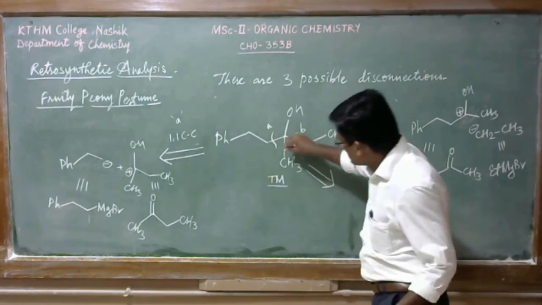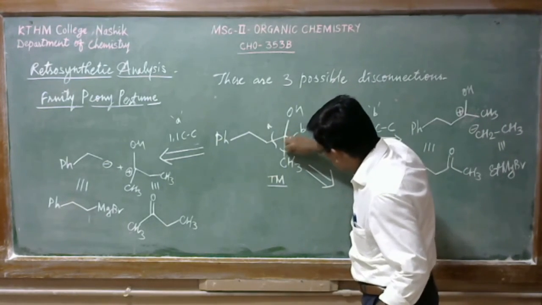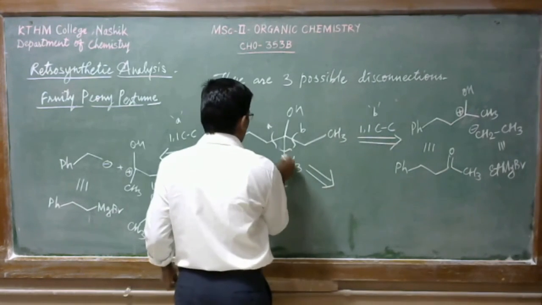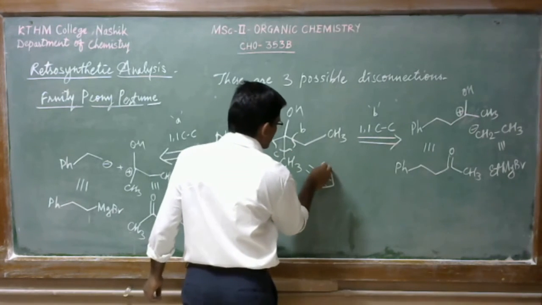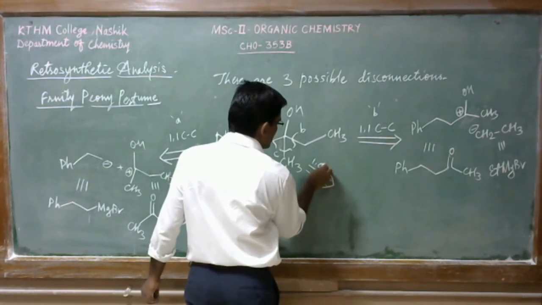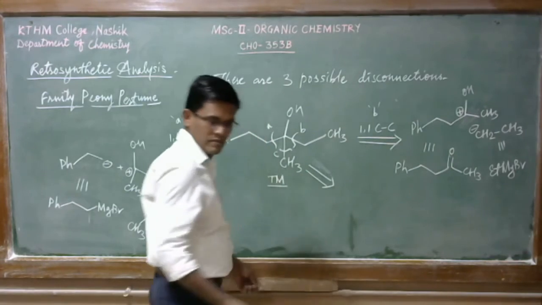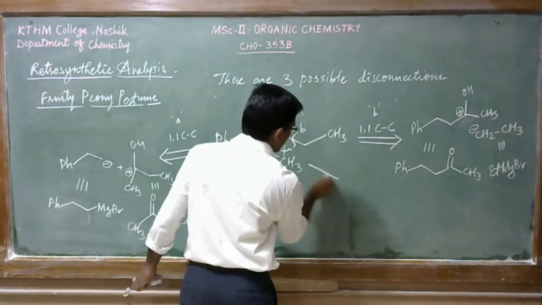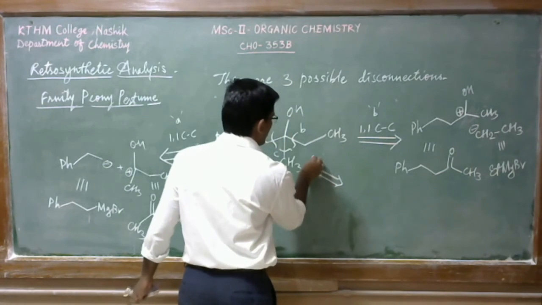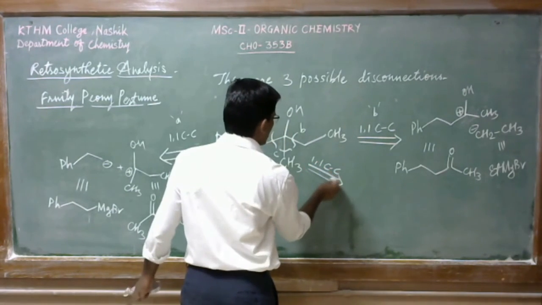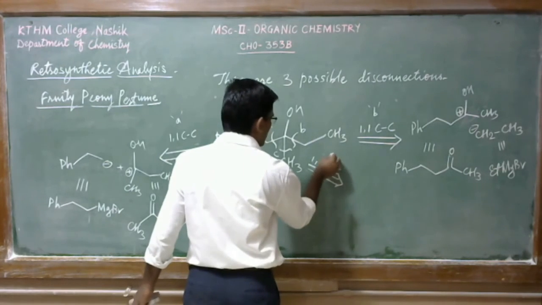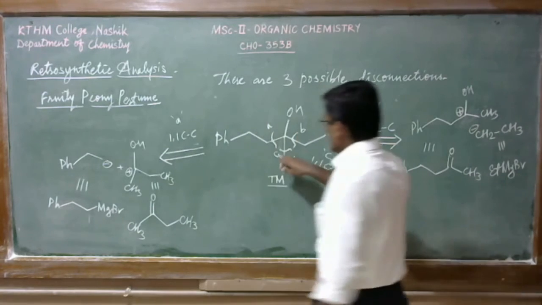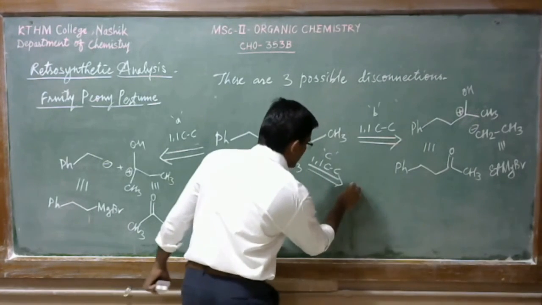So let us have now this final one, C disconnection. So let us put one carbon disconnection. Let us say C disconnection. So when we disconnect this bond, we will get this.